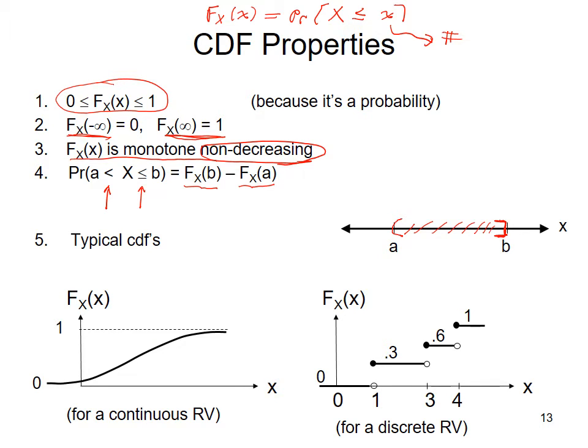Now I'm going to draw a picture to try and convince you of that, and this is one of the pictures I'll probably be drawing about 20 times throughout the course. So this is the first time we're going to see it. F_X of b, by definition, means the probability of X being less than or equal to b. I'm going to draw this off the number line itself because it gets too crowded if I put it on the line.